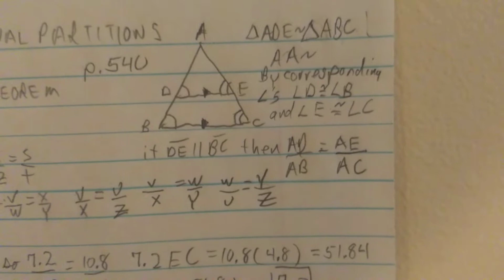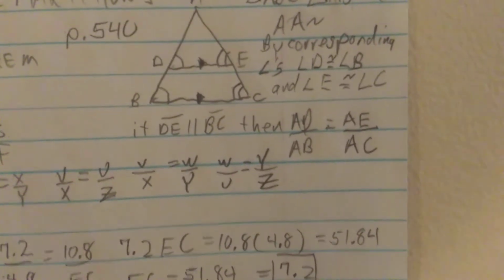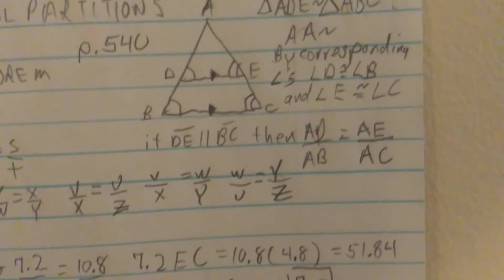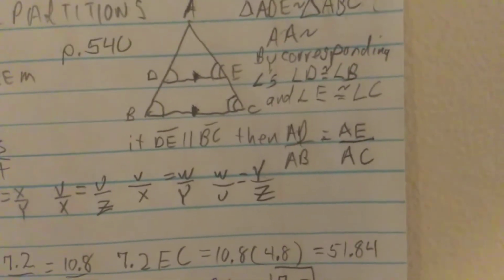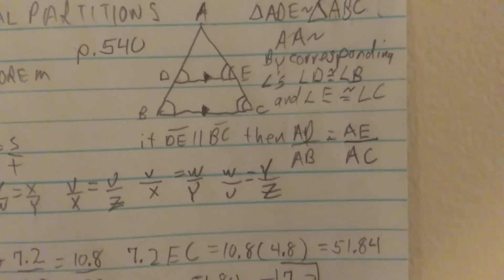Now the side splitter theorem says if DE is parallel to BC, then AD, the top triangle side, over AB, the whole side, is equal to AE on the other side over AC, the total length on the right side. Okay?